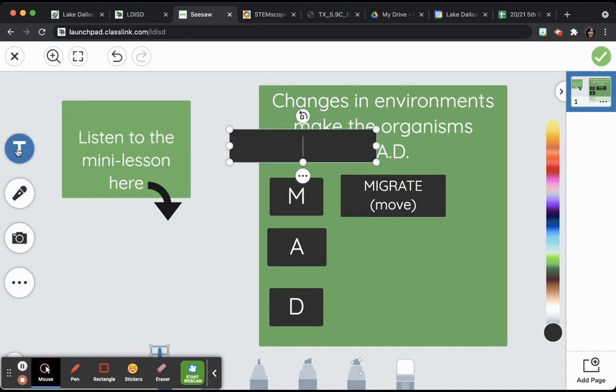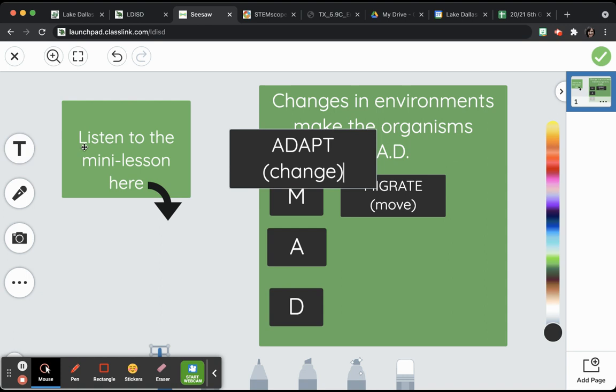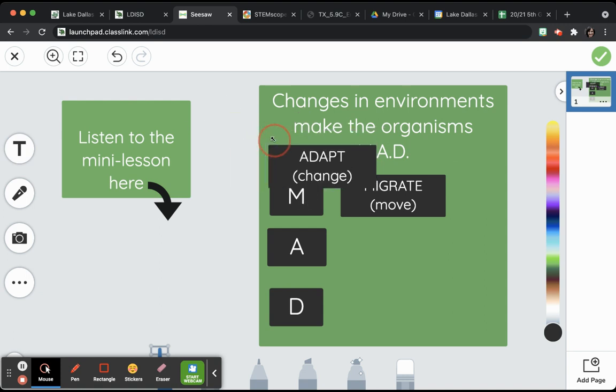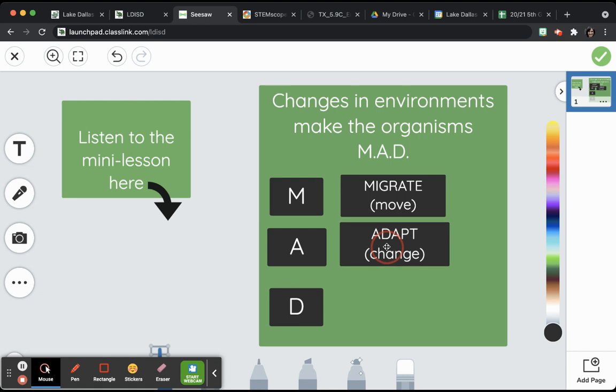Okay, I'm going to move along onto the A. The A stands for adapt. The word adapt just means to change. A living organism may be able to migrate and move to another place, but this living organism could also just adapt to the changes that are happening around it. They may have to change their food source.